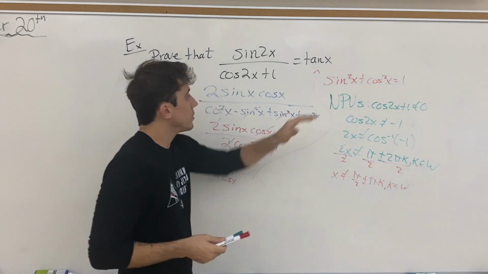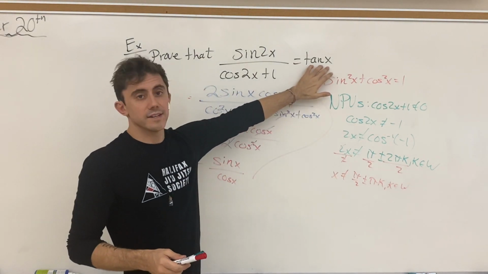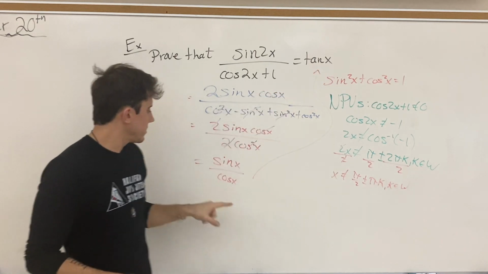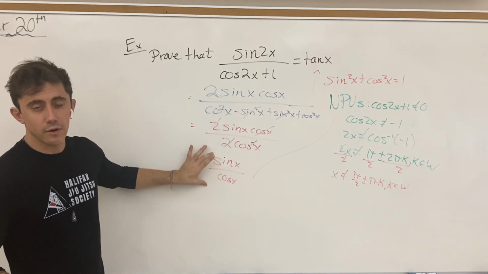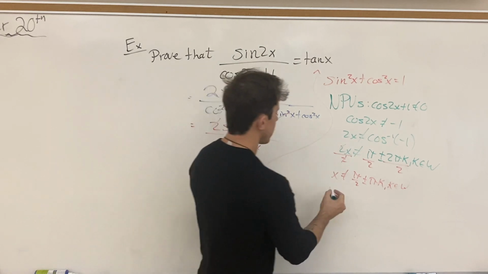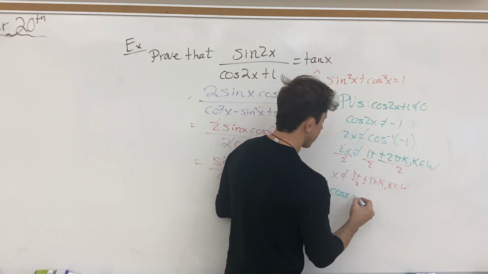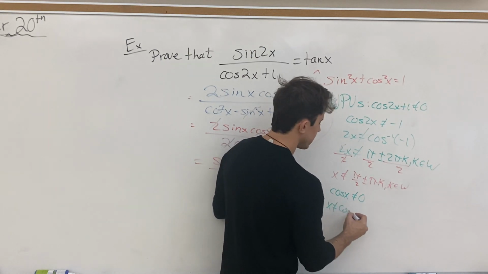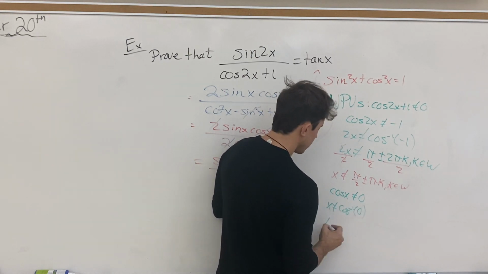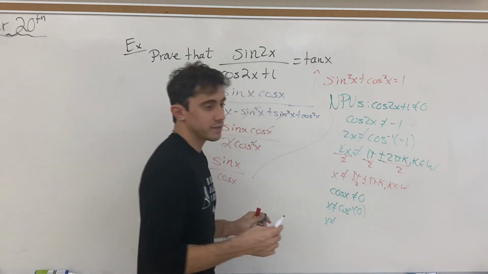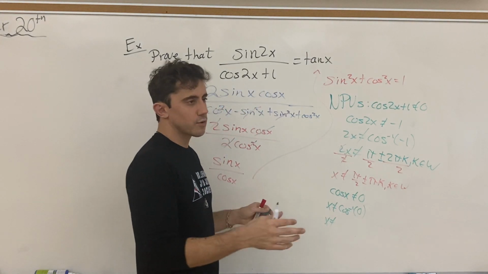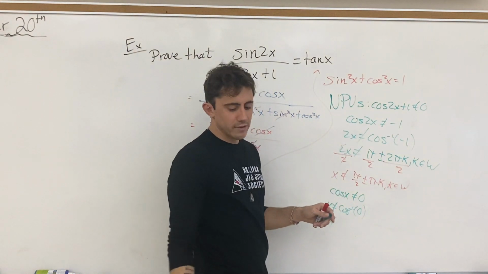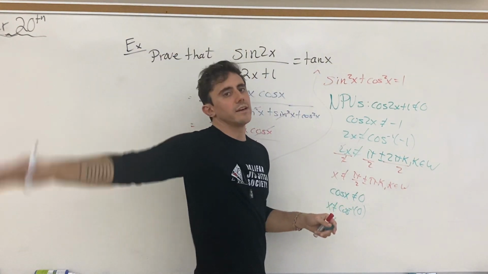And we also can't have cos x being 0, because we remind ourselves that tan x is sine x over cos x, and so we also can't have cos of x being 0, which means x can't be equal to the inverse cos of 0, which means x also can't be, again, cos is our x coordinate on the unit circle, so that's at pi over 2, and 3 pi over 2, and 5 pi over 2, and 7 pi over 2.